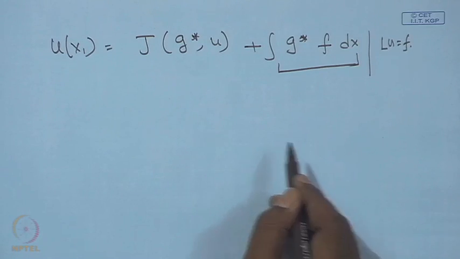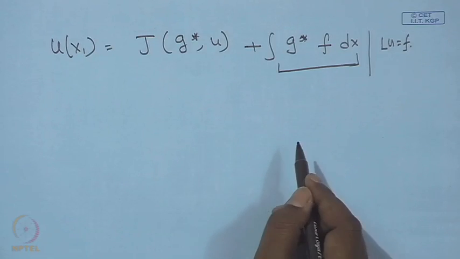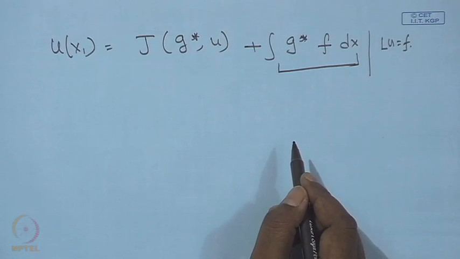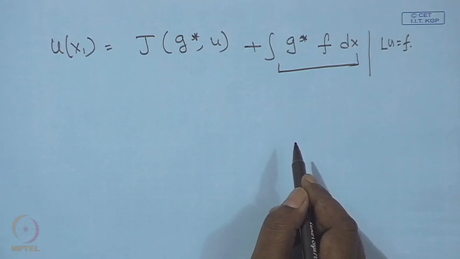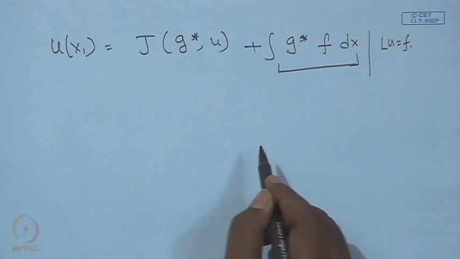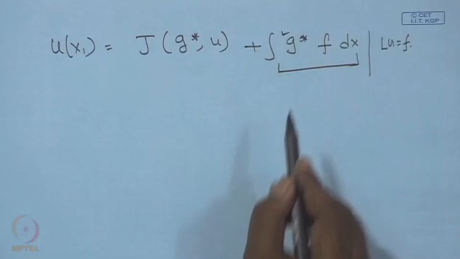We will be solving an actual problem after some time. So, by changing the subscript, one can get the expression of G star from the expression of G itself. You need not solve G star from the differential equation. So, the expression of G star is known to you.